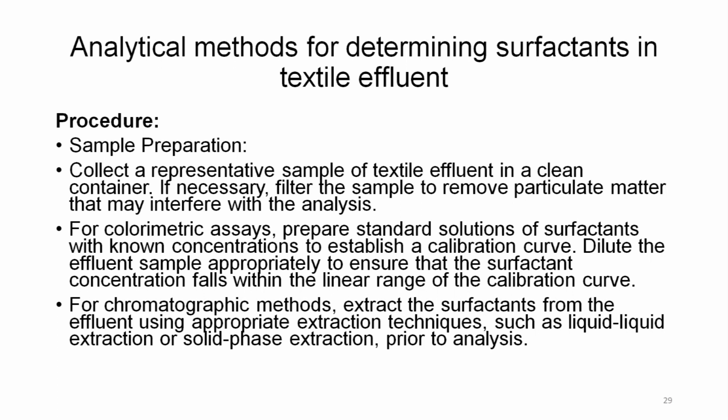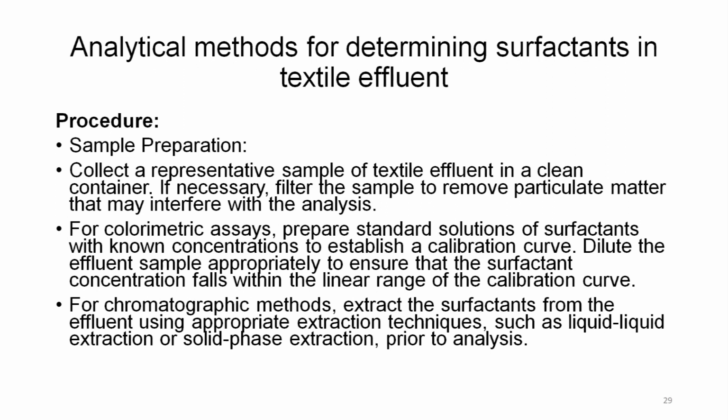Now, what is the procedure? Sample preparation. Collect a representative sample of textile effluent in a clean container. If necessary, filter the sample to remove particulate matter that may interfere with the analysis. For colorimetric assays, prepare standard solutions of surfactants with known concentrations to establish a calibration curve.